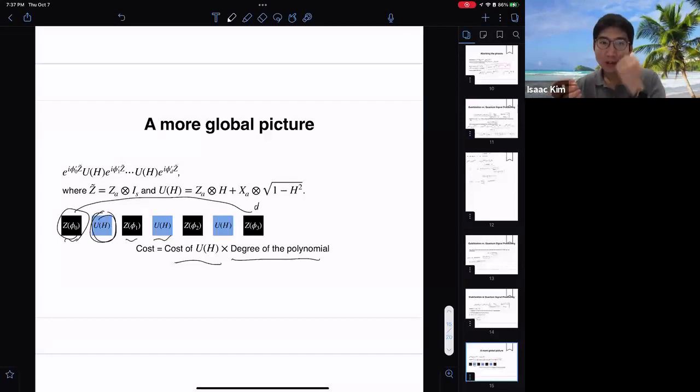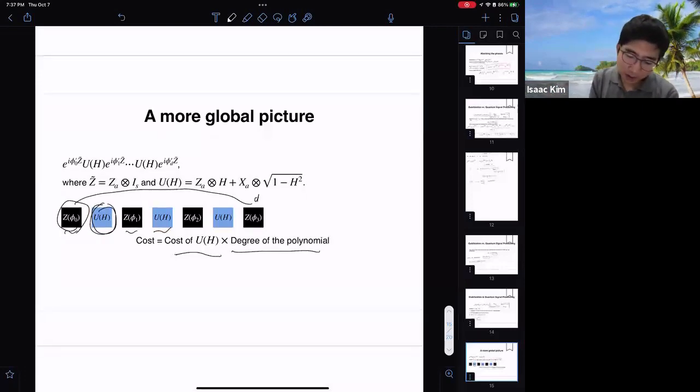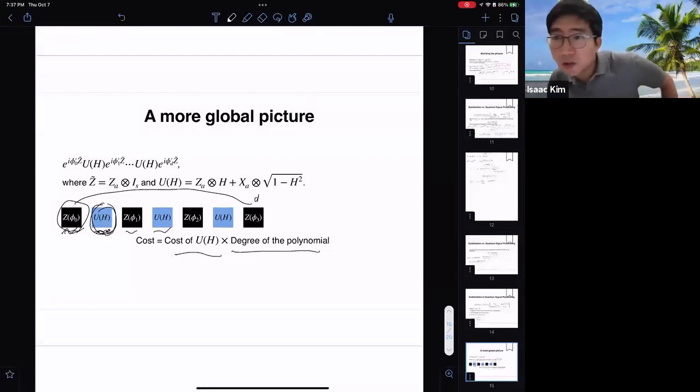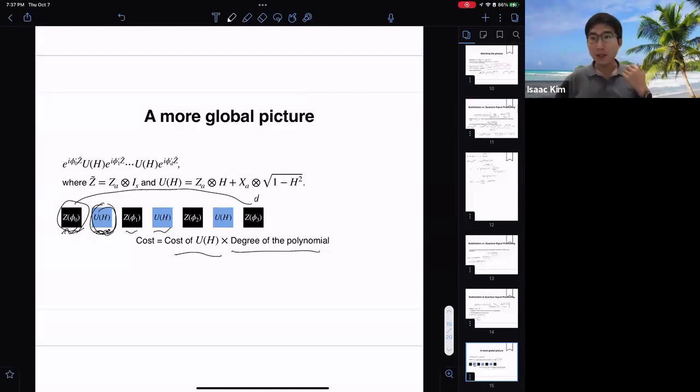But having said that, I should mention that U of H usually requires some extra ancillary qubits. So while the extra ancillary qubit that you need for these Z rotations is just one, there are even more extra qubits that you need for the construction of U of H. But compared to the number of ancillary qubits needed in, let's say, Taylor expansion methods, the requirement is far more benign.